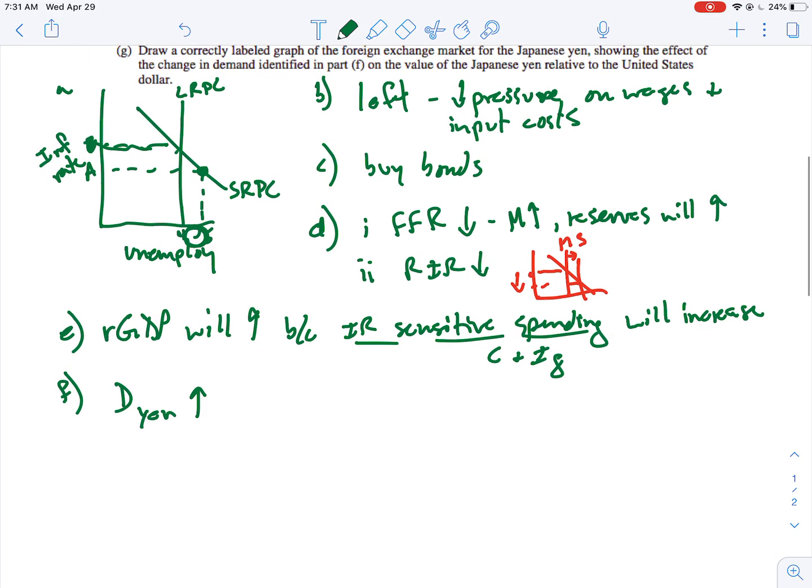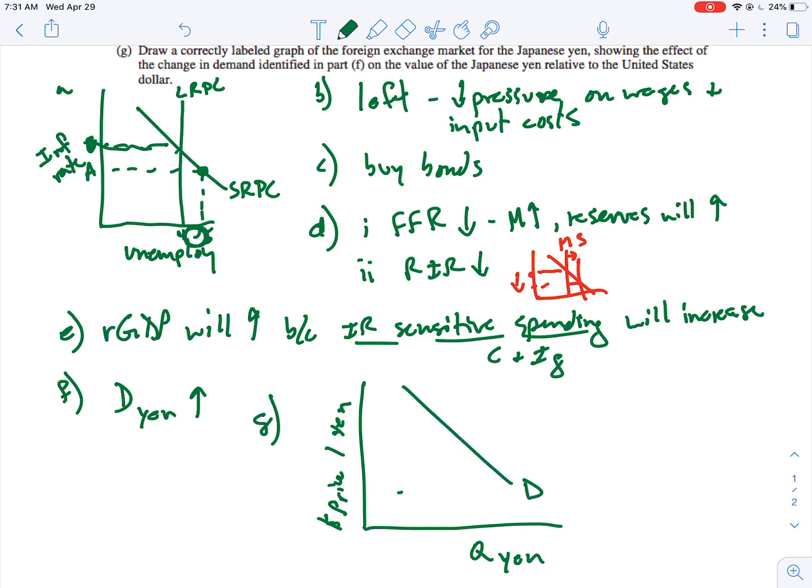And then you get to draw that last graph. Remember, price of A in terms of 1 B, quantity of B. So we have the dollar price of 1 yen, quantity of yen, demand for yen, supply of yen, and demand will rise.